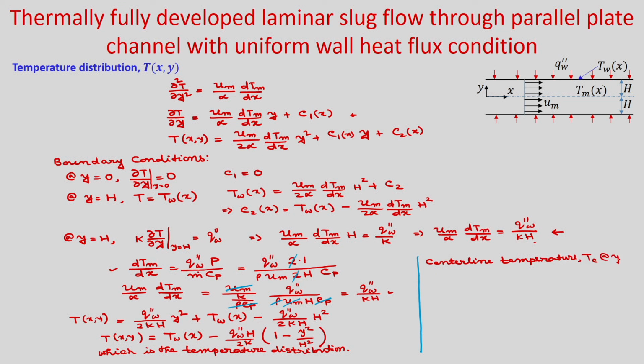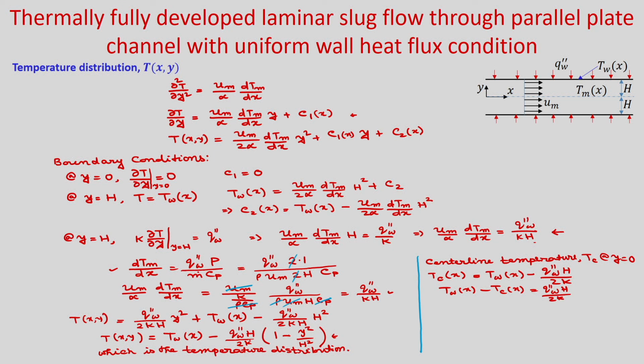If you put y is equal to 0 in this equation, you can find the central line temperature T c, which is a function of x, as T w x minus q double prime w h by twice k. So you can write T w x minus T c x is q double prime w h by twice k.